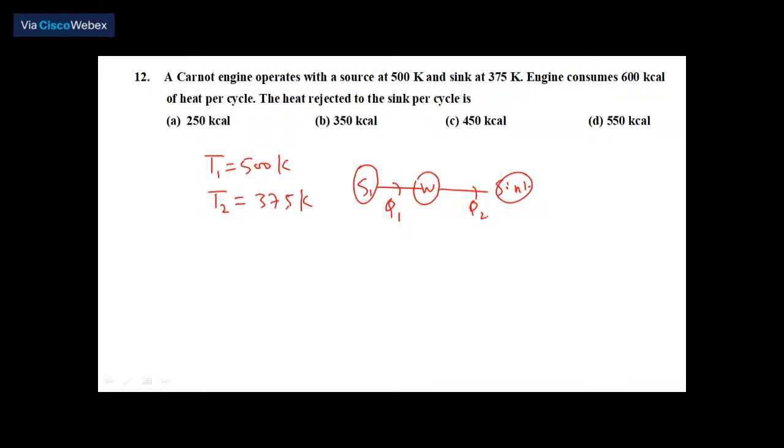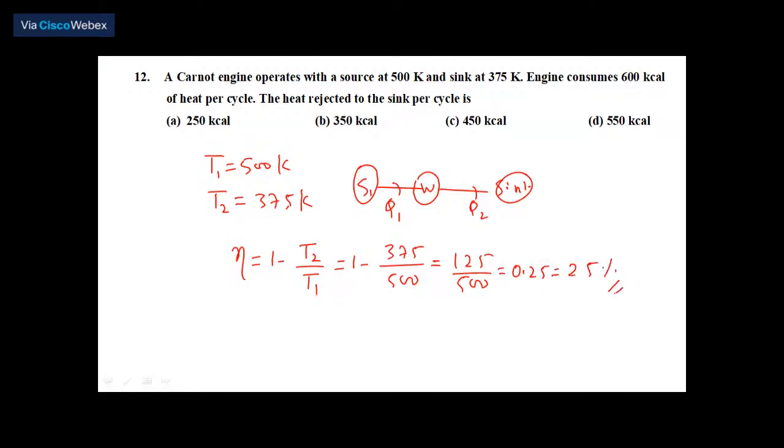First, let us find the efficiency of the engine. Somebody has given A as the correct option; we'll verify. Efficiency of the engine is 1 minus T2 divided by T1, that is 1 minus 375 divided by 500. 500 minus 375 is 125, and 125 divided by 500 simplifies to 0.25, which is equal to 25%.